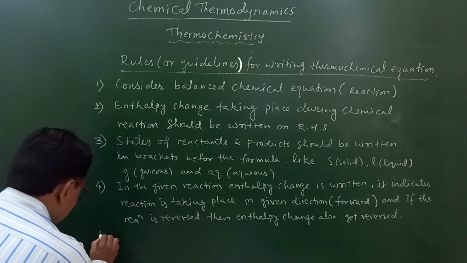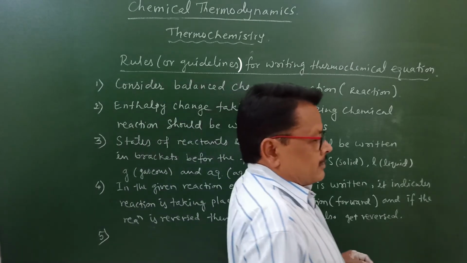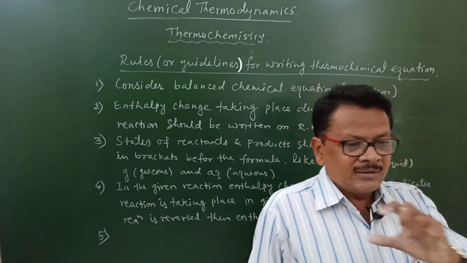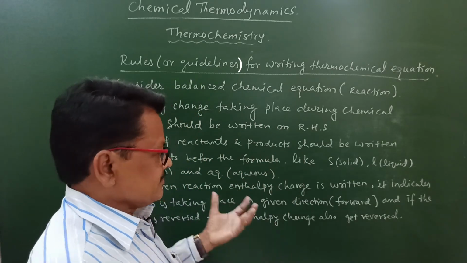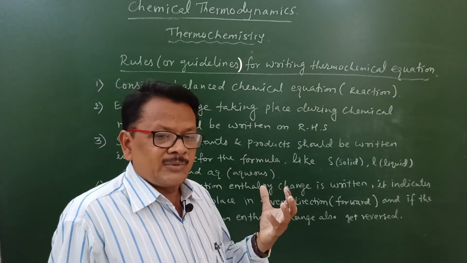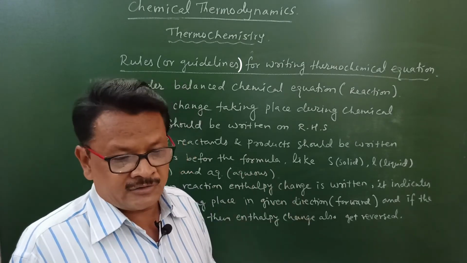And the last and important rule is that we have known that in a balanced chemical equation, the number of moles of reactants and products are shown by certain numerals.